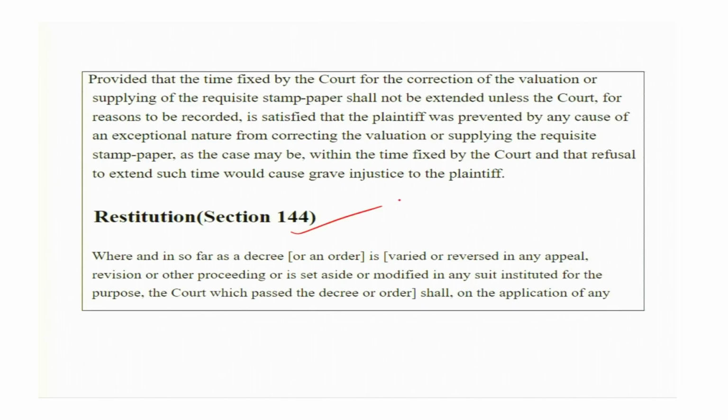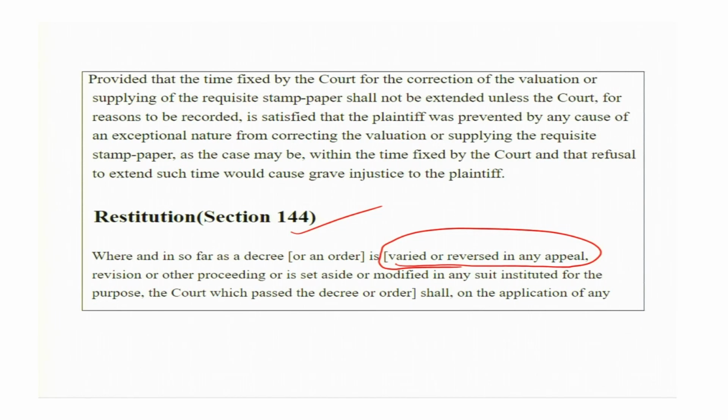Next, restitution. Where and insofar as a decree or an order is varied or reversed in an appeal, if you approach the appellate court and the decree or order passed by the lower court is varied or reversed in any appeal.